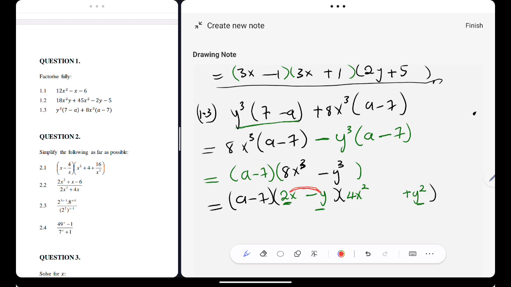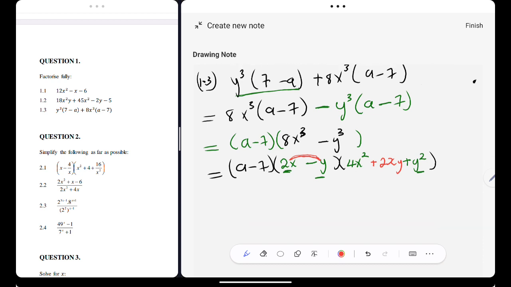If I multiply these two, I'll get a negative 2xy, but when I change the sign, I'll get plus 2xy. Right, together. When I multiply the two, I get a negative 2xy, and then when I write it here, I must write it with an alternate sign. That's why it will be a positive 2xy. Okay.